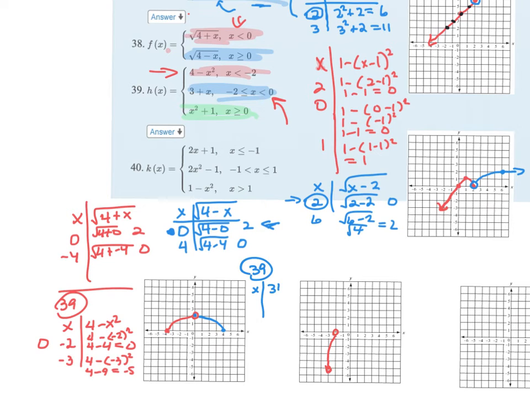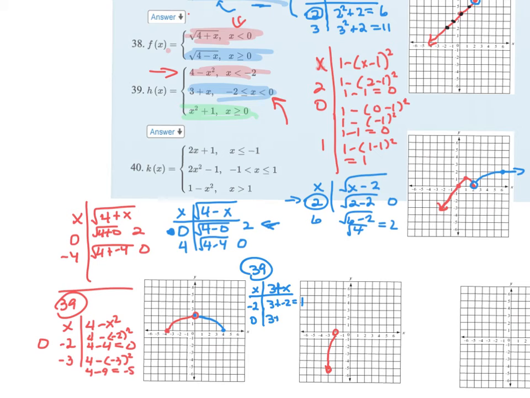Again, I could put it on my y-intercept of 3 and erase what I don't need, but let's go ahead and just plug in. I'm actually going to plug in -2 and 0. Those are the endpoints. On the 0, it'll be an open circle. So 3 plus -2 is 1.